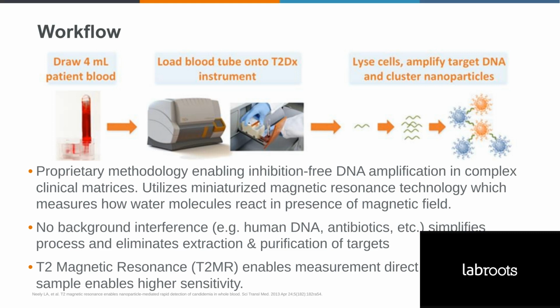This is a proprietary methodology enabling inhibition-free DNA amplification in complex clinical matrices, and there's no background interference from either human DNA or antibiotics, and the pre-analytical process is really simplified by eliminating extraction and purification of DNA. And T2MR enables measurement directly from the blood sample, enabling very high sensitivity.